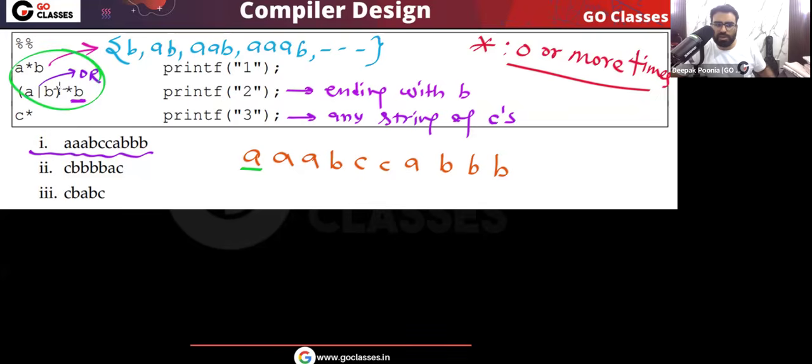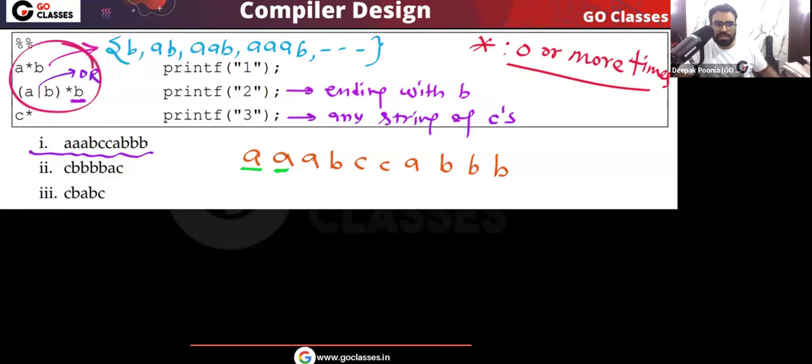Is any of them matching or not? So far they are not matching, because the last symbol must be B in both cases. So far there is no match, but both the first two regular expressions are in the race. So you read the next character. What about this double A?